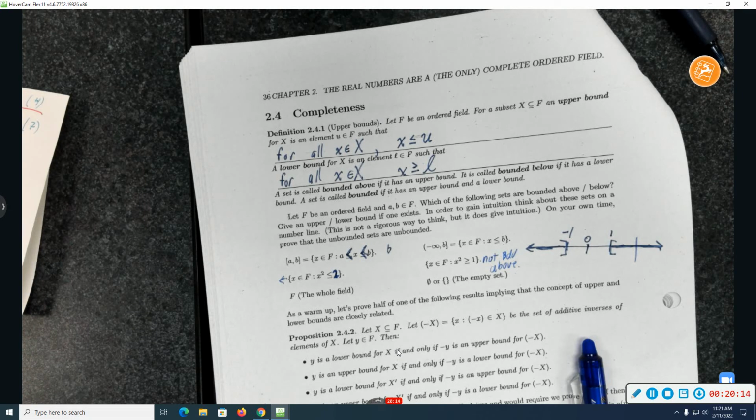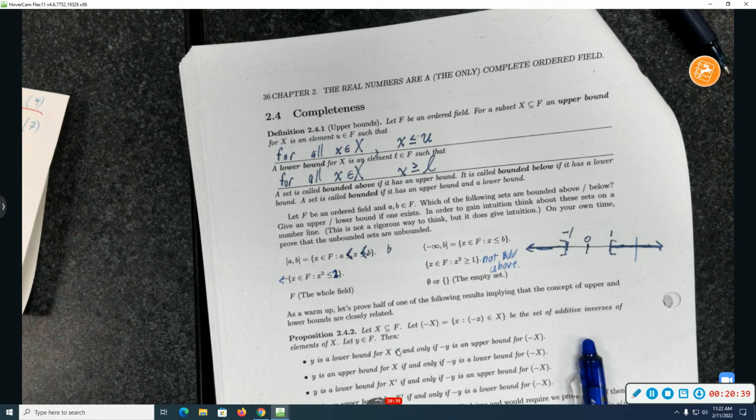I said 4 instead of 3, because I think I was thinking of the range instead of the domain, because we were talking in functions. Or I guess I was thinking of the image instead of the pre-image being what the set includes for upper bounds.